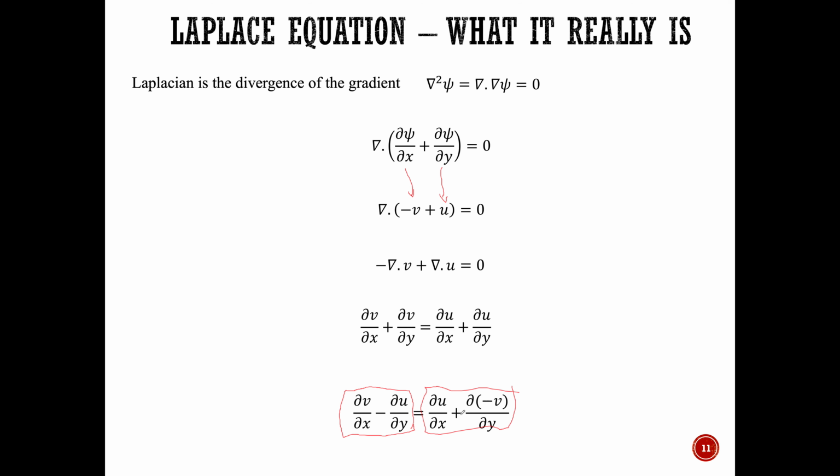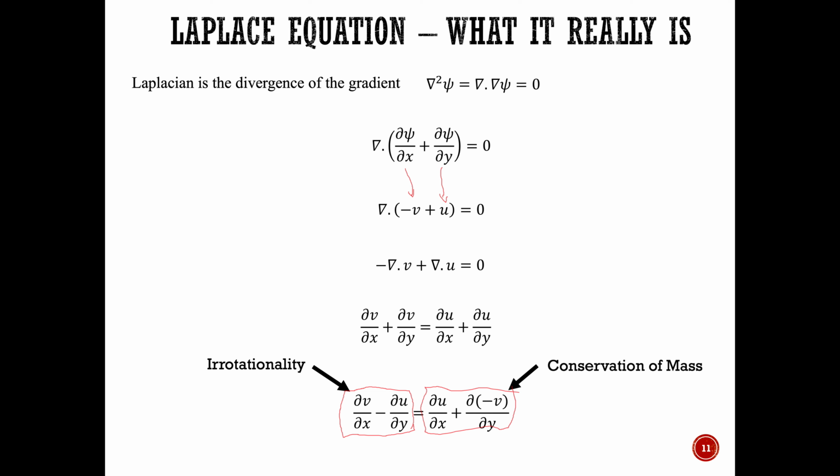As you know, for the irrotationality condition, ∂v/∂x minus ∂u/∂y should be equal to 0. And the only way the equation holds is when the right-hand side is also equal to 0, which it is. The right-hand side is basically the conservation of mass.